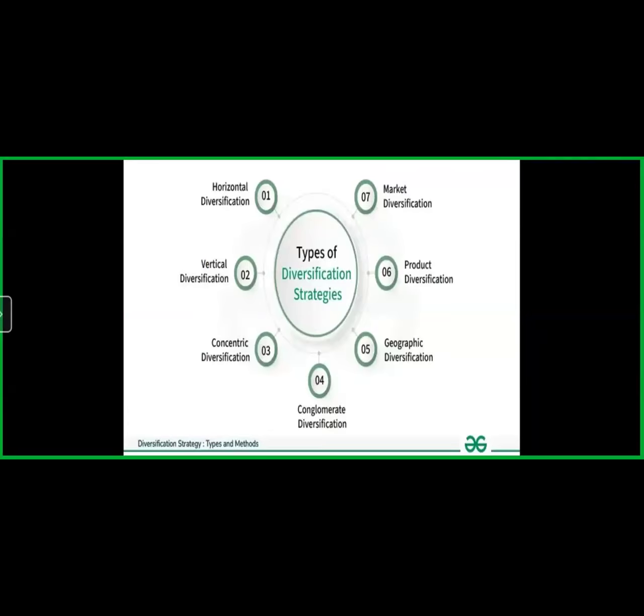In simple words, we can say diversification is expansion. Now, various types of expansion of the organization are there. Generally, there are 6 to 7 types of diversification or expansion that we are going to discuss.